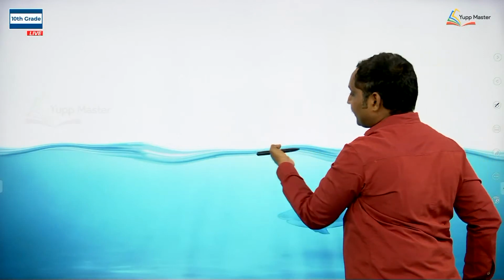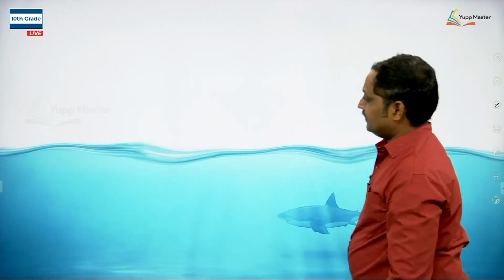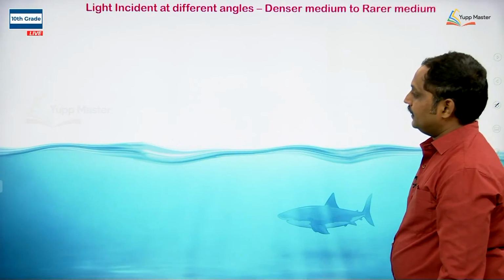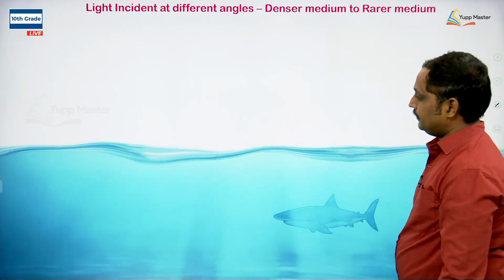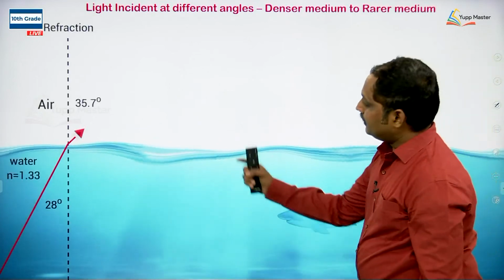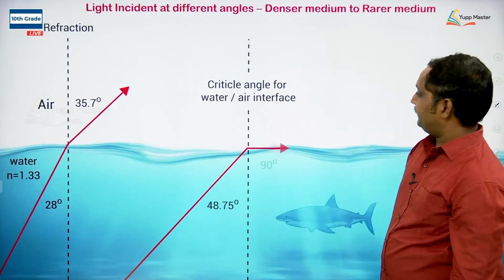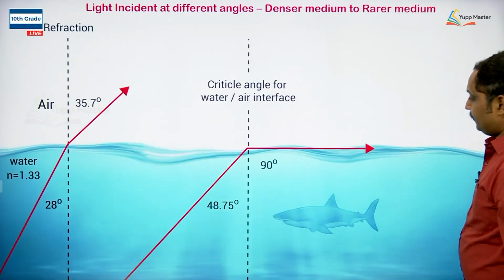It has been refracted with respect to the boundary surface at 90 degrees. See that. Yes, have a look. We have made the light incident at 28 degrees. Yeah, this is the case.